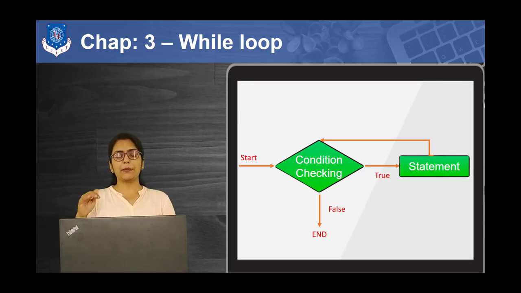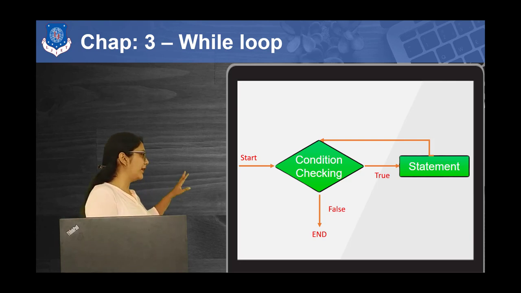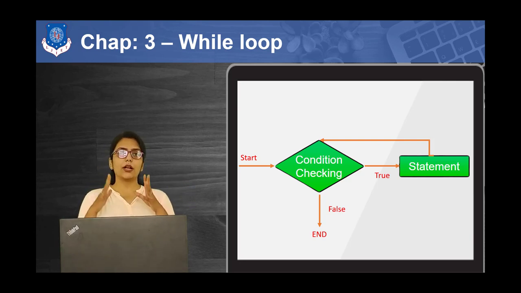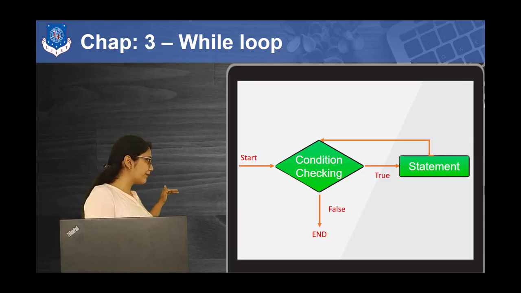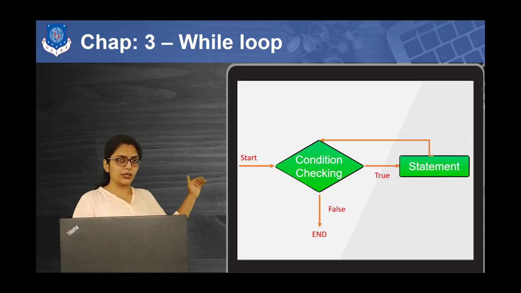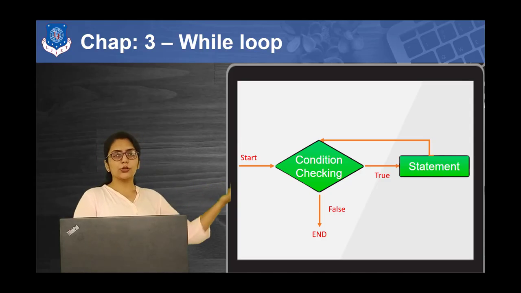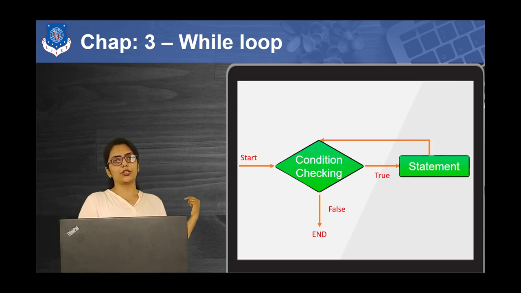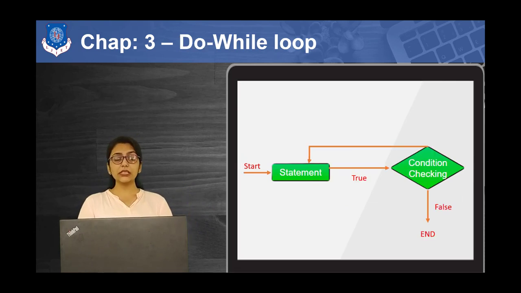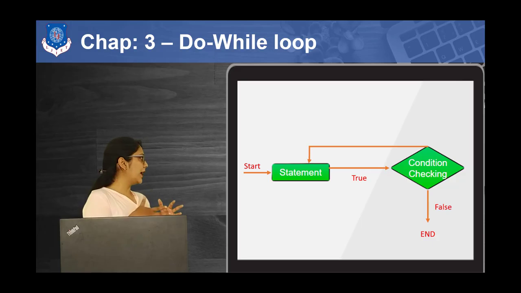Inside that block, at the end, I increment or decrement the loop variable, so that's why I have not written it separately. So in a while loop, it starts, checks the condition, and if the condition is true, it runs the statements and comes back to check the condition again. This keeps going until the condition is false. This is all about the entry control loop, that is the while loop.